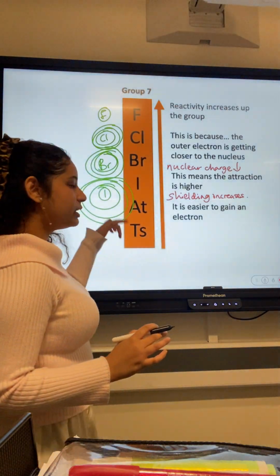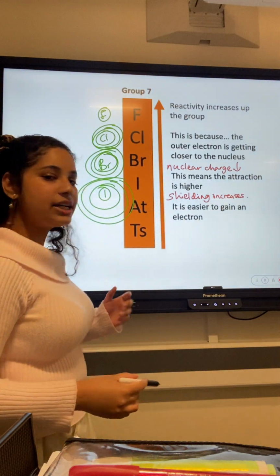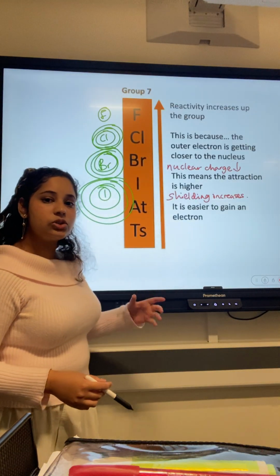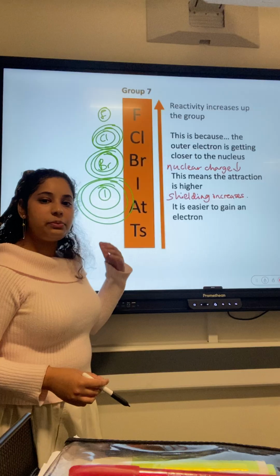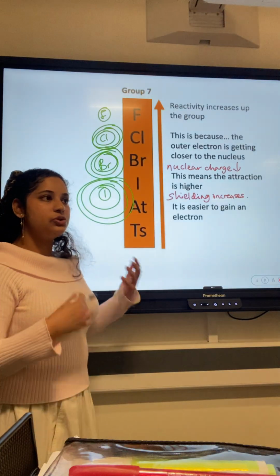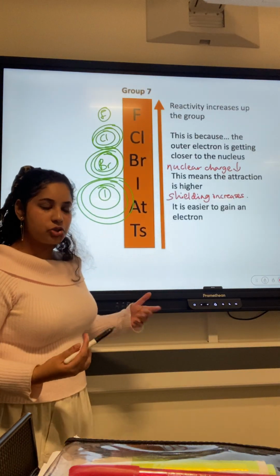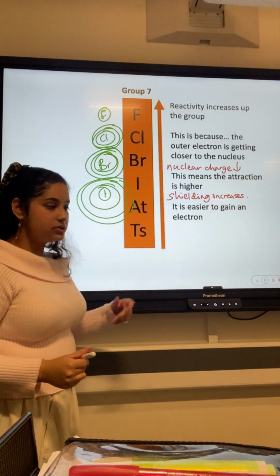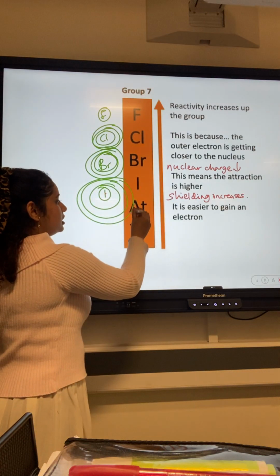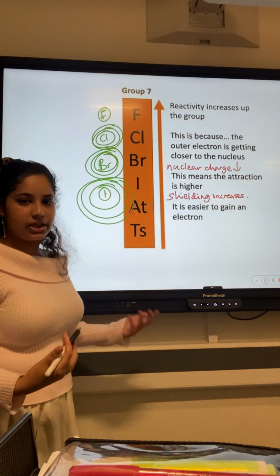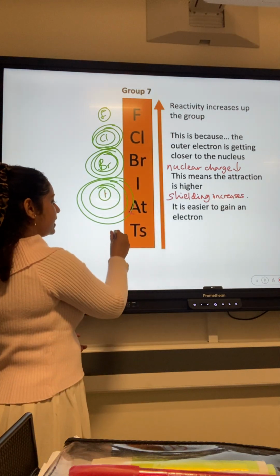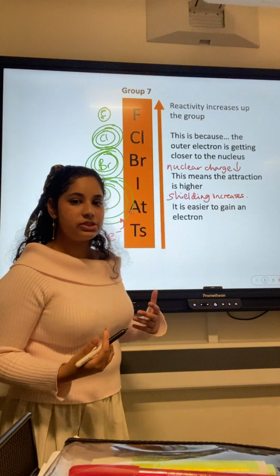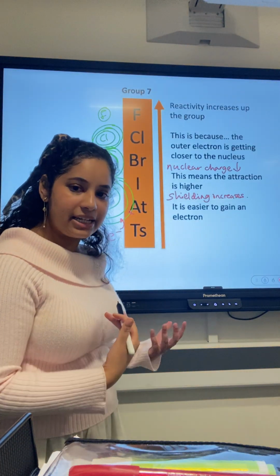We do need to also mention electrostatic attraction. Electrostatic attraction is the attraction between a positively charged particle and a negatively charged particle. In the atomic structure, the positively charged part is the nucleus, and the negatively charged part is the outer shell electron, or any electron that it's trying to gain, because group 7 elements are trying to gain an electron.